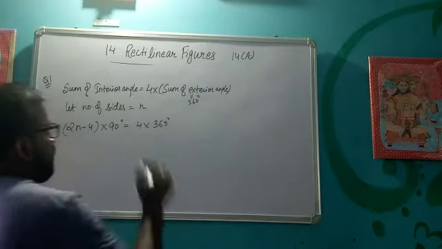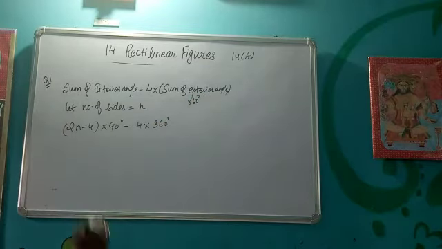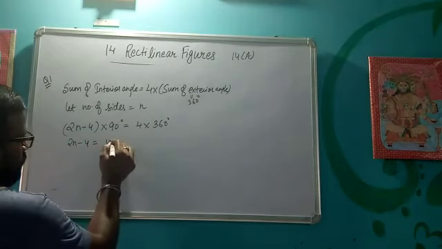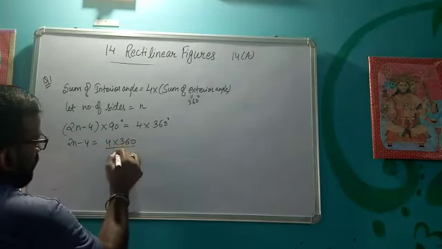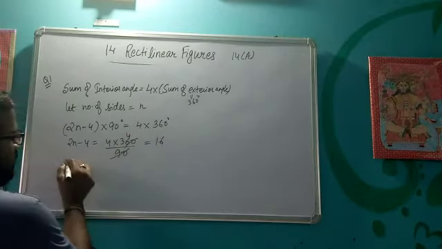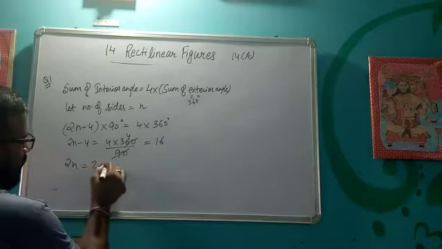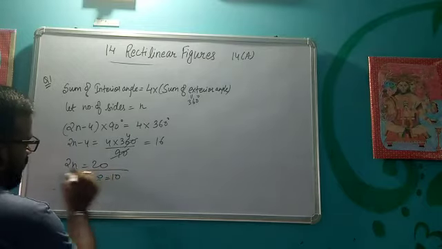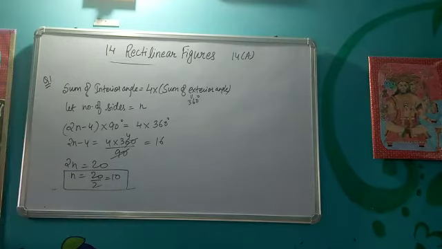So this will be our equation. So it is 2n minus 4 equal to 4 into 360 upon 90, that is 16. So 2n will be 20 and n will be 20 by 2, that is 10. So this will be the total number of sides of that polygon.